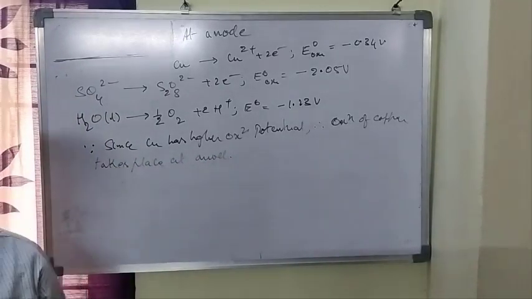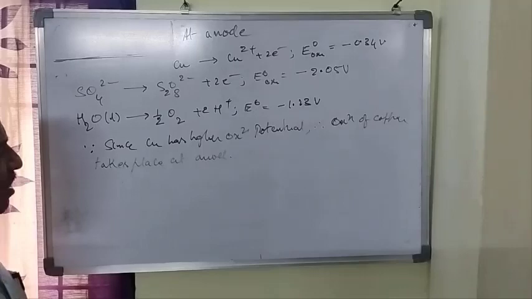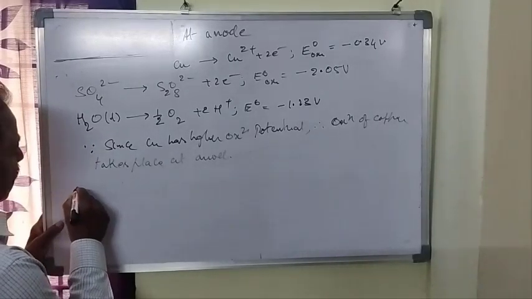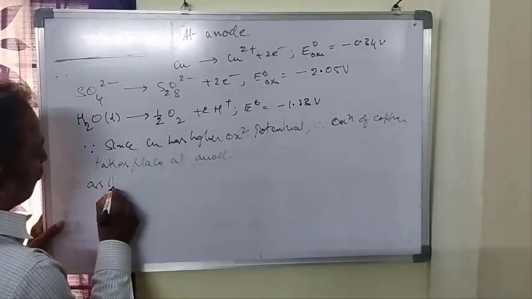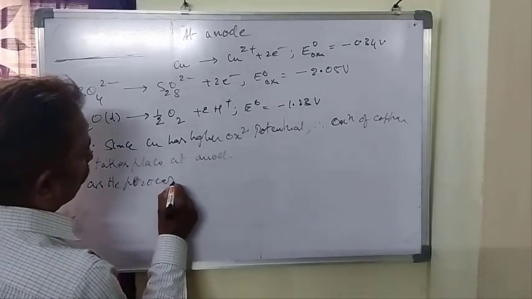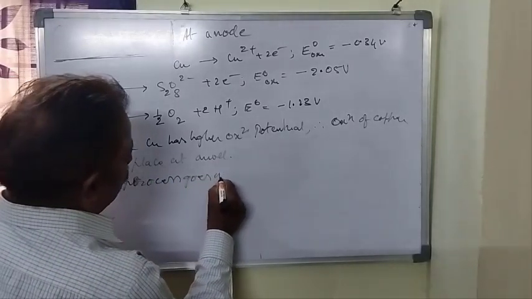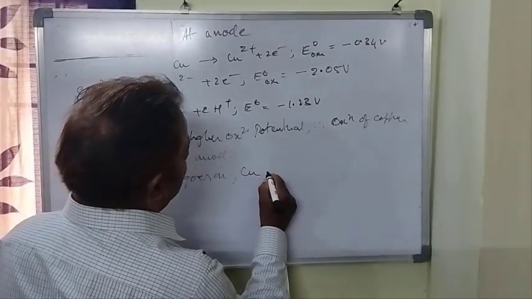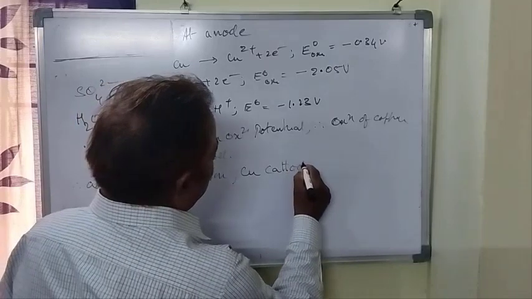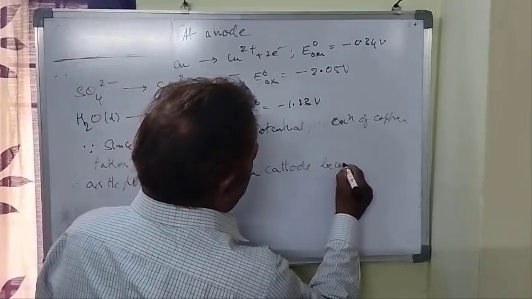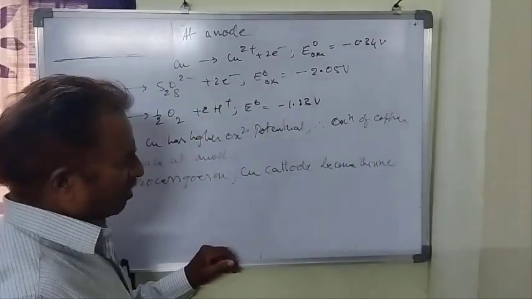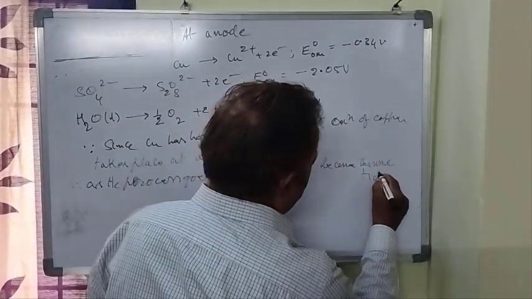Therefore, during the electrolysis of copper sulfate, when copper electrodes are used, as the process goes on, continuously the copper cathode becomes thicker.